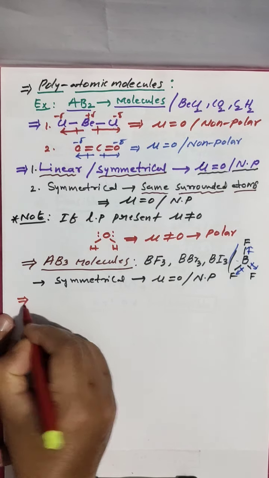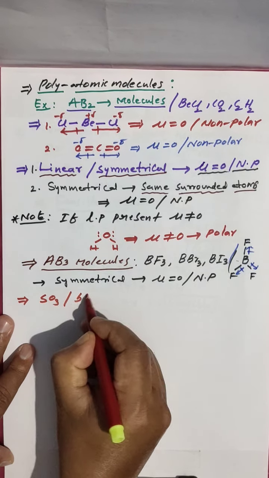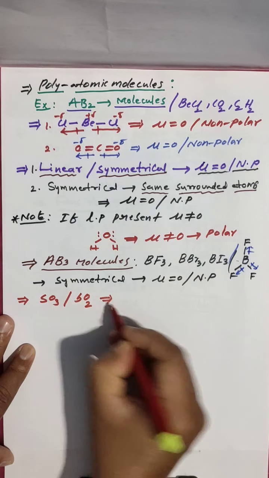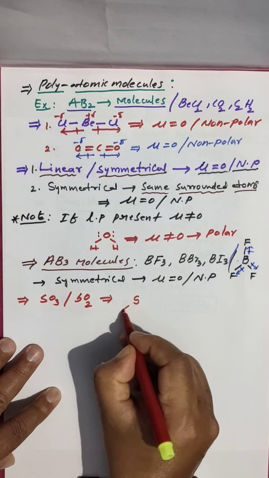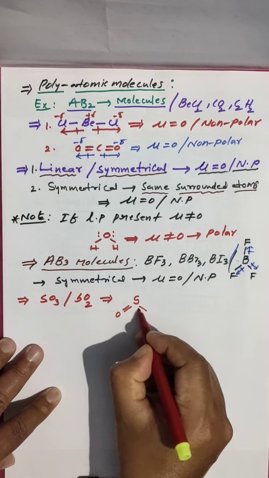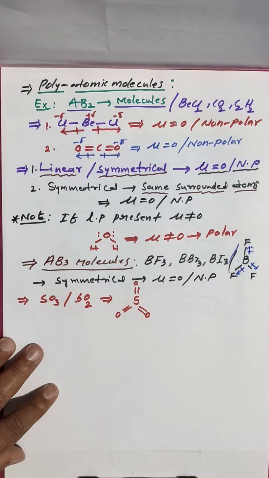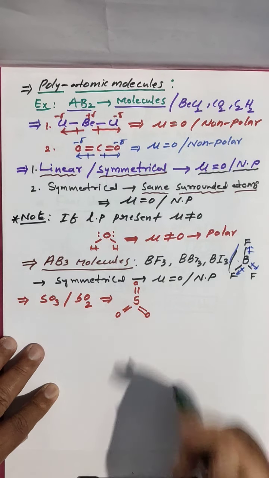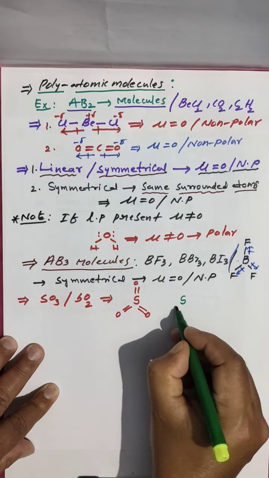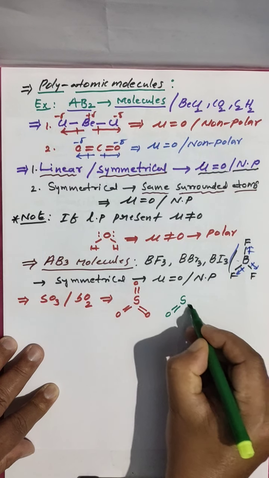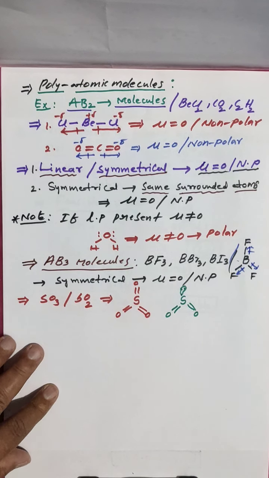But now I will give different molecules. I am taking this time SO3 and SO2. SO3 structure I am drawing here: sulfur, 2 oxygens down, and above the plane 1 oxygen. Now you go for SO2 structure: sulfur, a double bond O here, a double bond O here, and above the plane you have one lone pair.